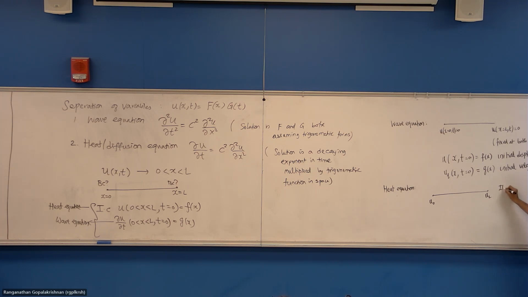If u is specified, that is called a Dirichlet boundary condition. If partial u over partial x is specified, that will be called a Neumann boundary condition.